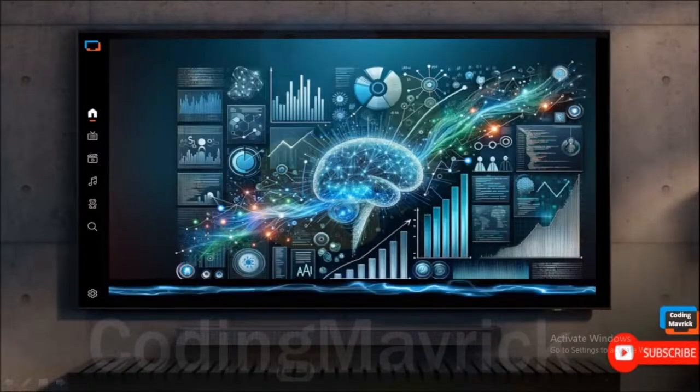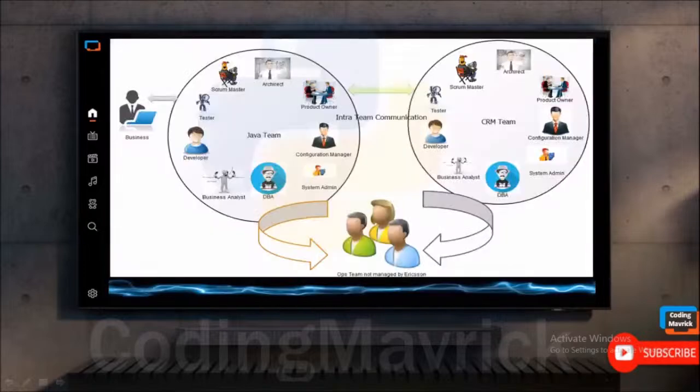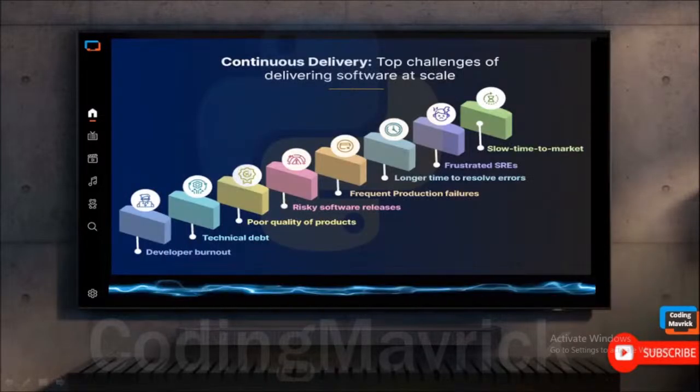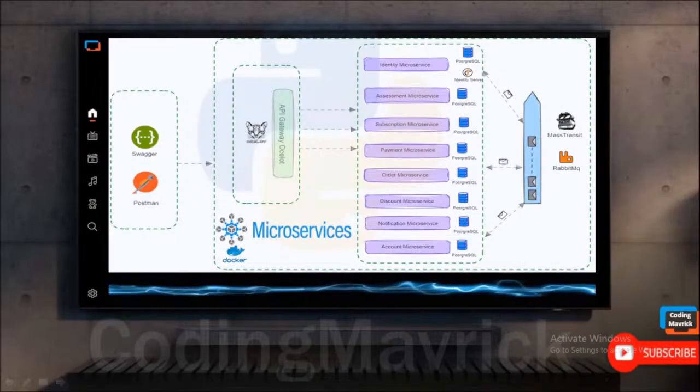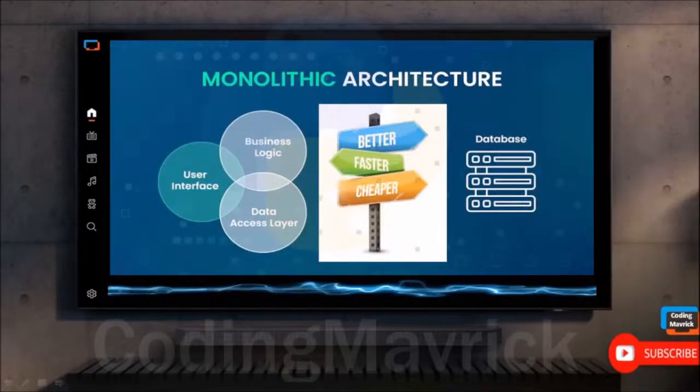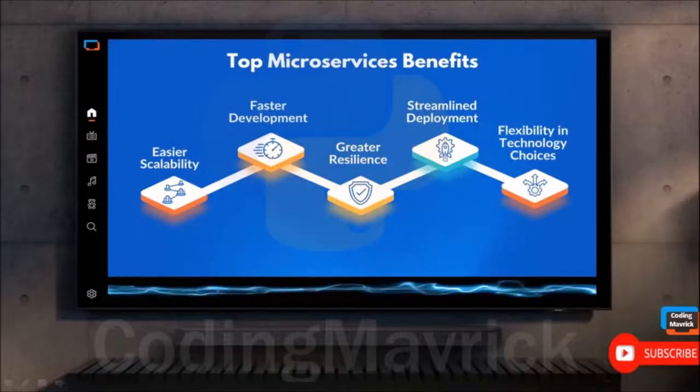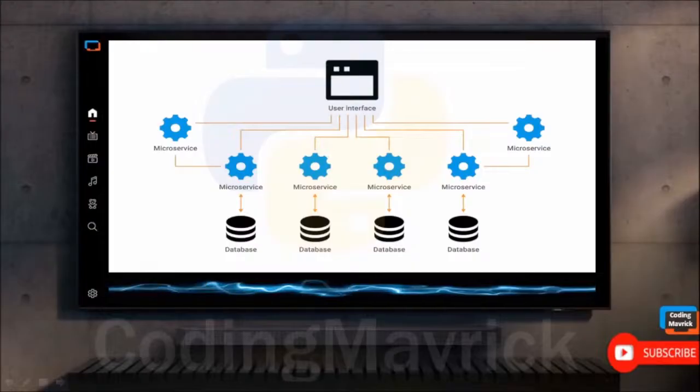But when your system starts to grow, when you have multiple teams, scaling bottlenecks, or a large user base, that's when you start breaking it into small microservices. A good rule of thumb: monoliths are quicker to start but slow to scale, and microservices are slower to start and faster to scale. So don't jump to microservices because it's trendy. Use them only when they are really required.